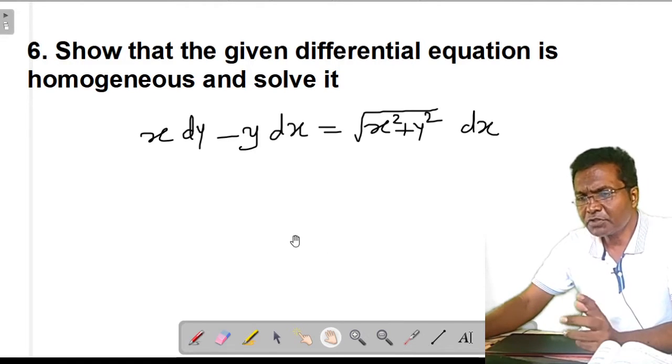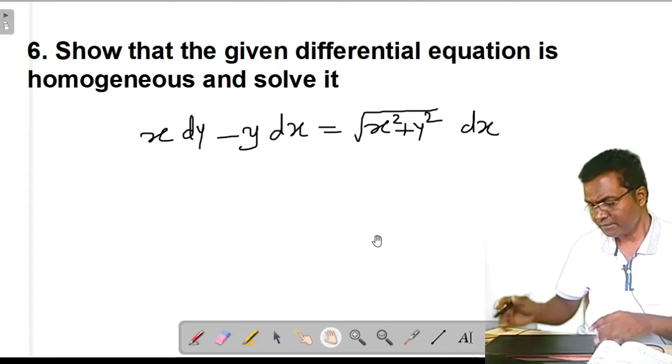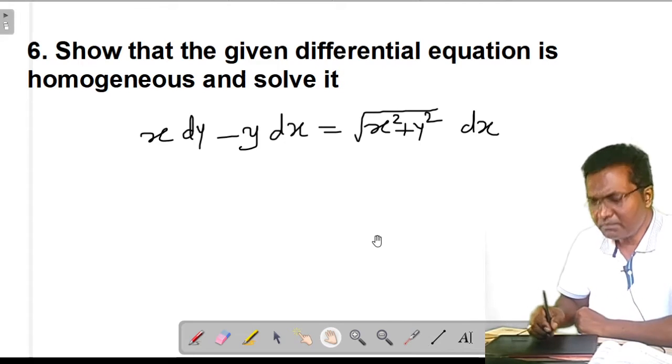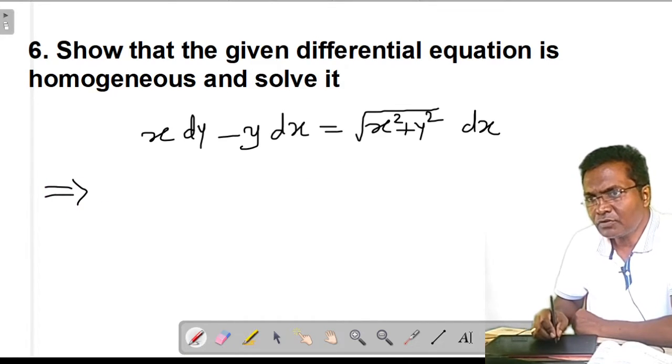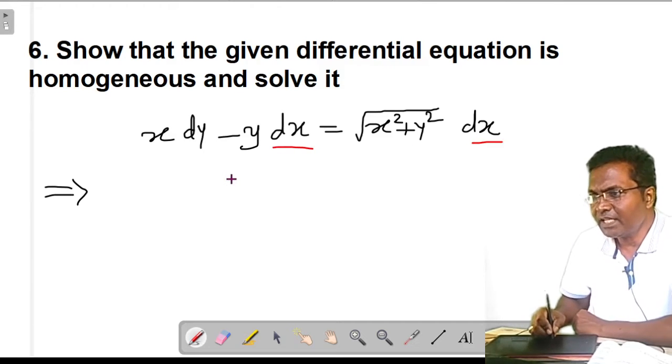So here is question number 6 of 9.5. Solve the differential equation by showing it as homogeneous. Look at this, there are two dx's. So first try to collect terms with dx on one side.